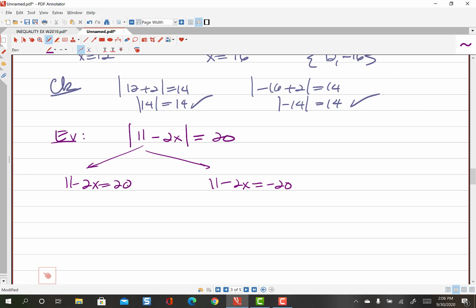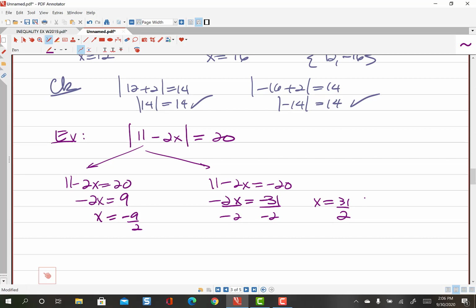I wish I'd used a different number there than 20, but that's fine. I get negative 2x is equal to 9, or x is equal to negative 9 halves. Over here, if I subtract 11, I end up with negative 31 on the far right, and if I divide by negative 2, I get x is a positive 31 halves. The nice thing about absolute value equations is these are both going to check. Not to worry, they will both check.